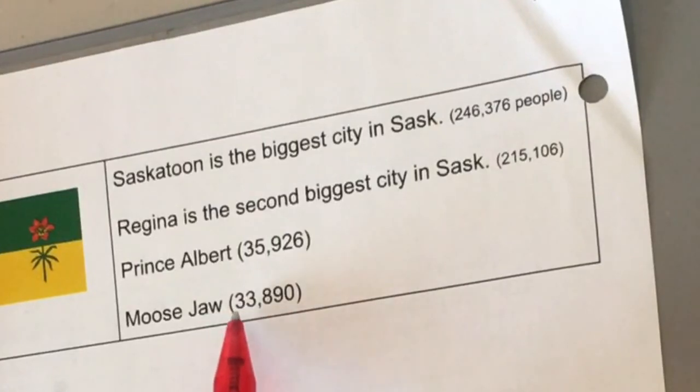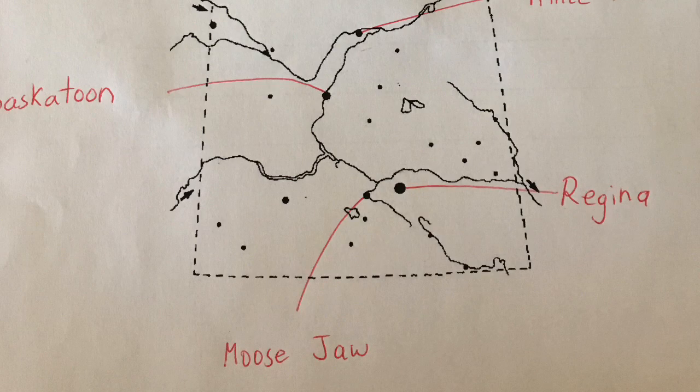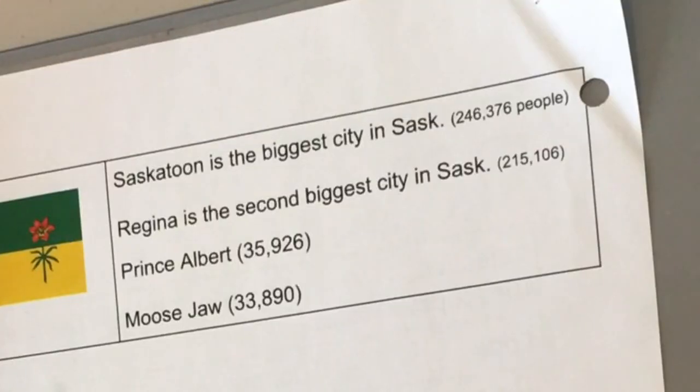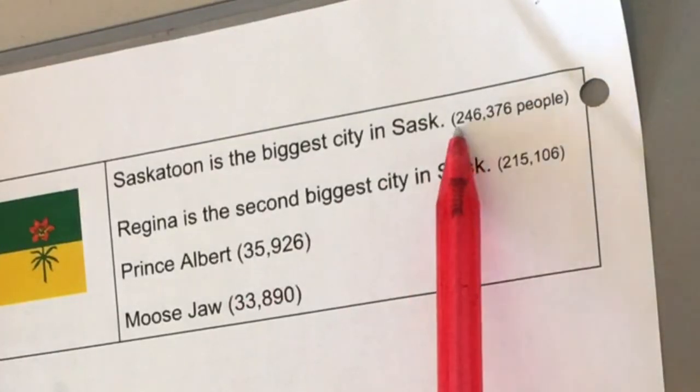It has 33,890 people. And Moose Jaw is here. Moose Jaw. Capital letters. So students, please practice saying the numbers.